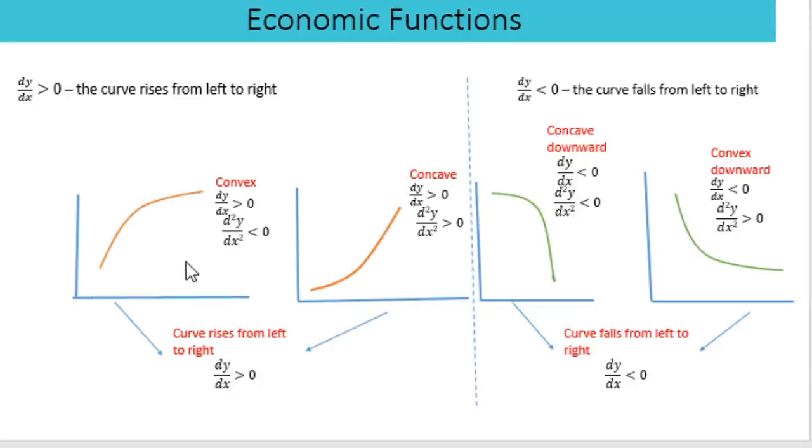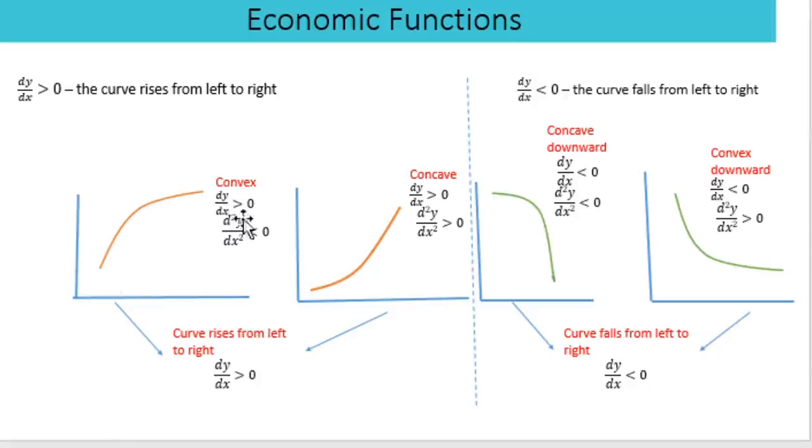The first order condition is that dy by dx, the first order derivative, should be greater than 0. And if it is of convex type, then the second order condition is that d square y by dx square should be less than 0. If it is concave like this, d square y by dx square must be greater than 0. These are the conditions for a curve which rises from left to right.